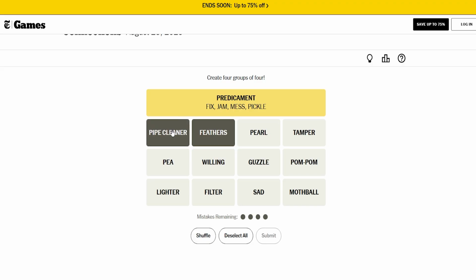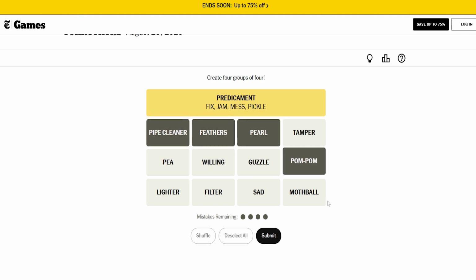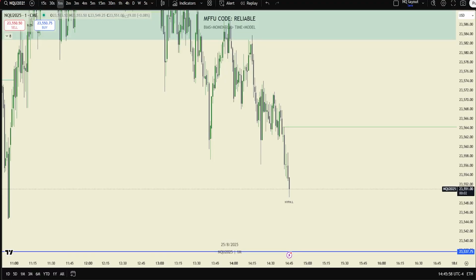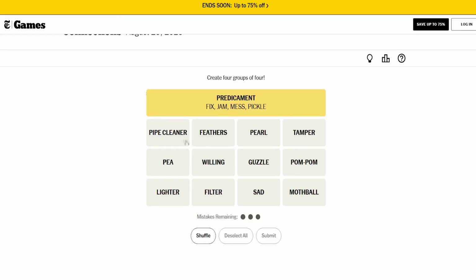Feathers, pipe cleaner. I feel like this is something. Pom pom pearl. No. Okay. Maybe this is like, I don't know.